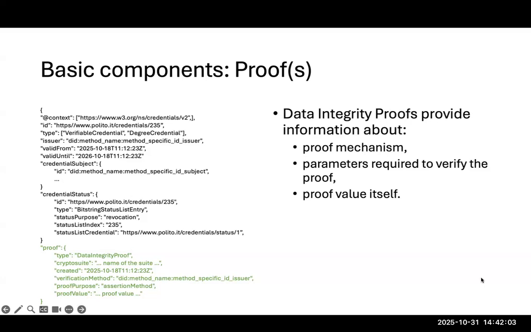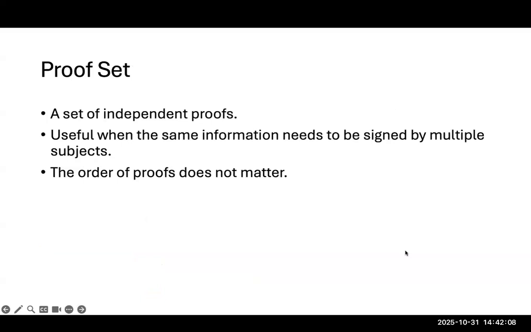This is the most simple way to deal with the proof property: a single signature made by the issuer for integrity and authenticity of the verifiable credential. But the specification also gives us freedom to do something different than a simple single signature.